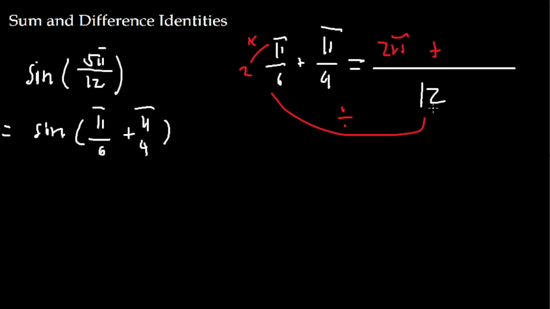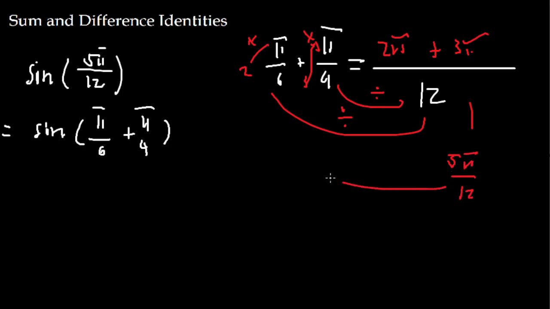Plus 12 divided by 4 is 3, times pi is 3 pi. Now 3 pi plus 2 pi is 5 pi over 12. Yun lang naman.